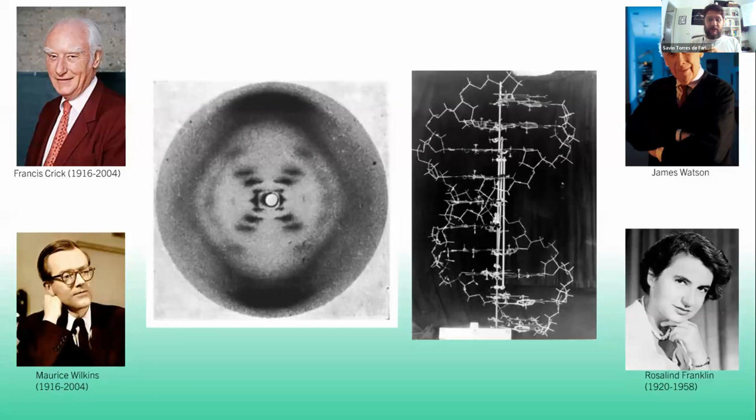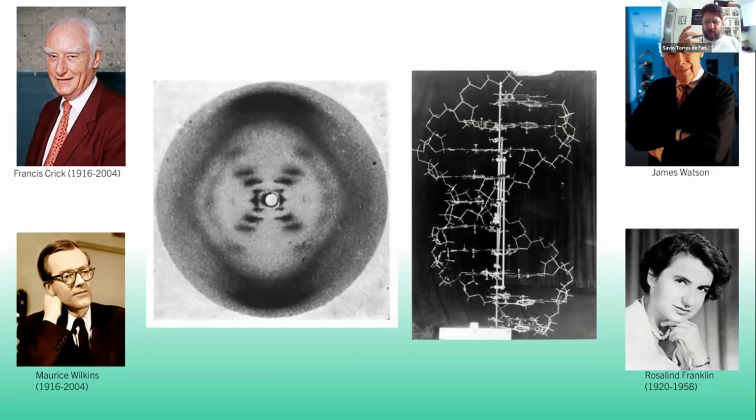Okay, but at the same time, a research group was formed that was called the RNA Tie Club, because the next question was how the information passed from the DNA to the protein. This is very important, because if you understand this, you understand the flow of information in the biological system.